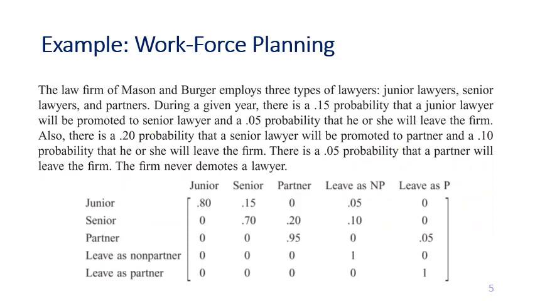Now let's see another situation which is also modeled as an absorbing Markov chain. A law firm employs 3 types of lawyers: junior, senior, and partners. And then these sentences here may be translated into this transition probability matrix. And then here it says that the firm never demotes a lawyer, meaning that this firm never fires somebody.